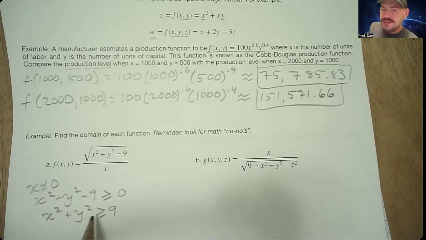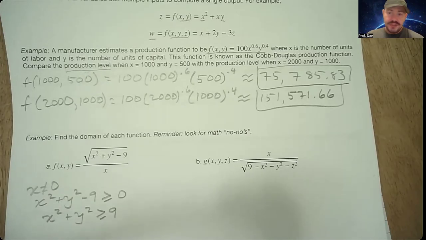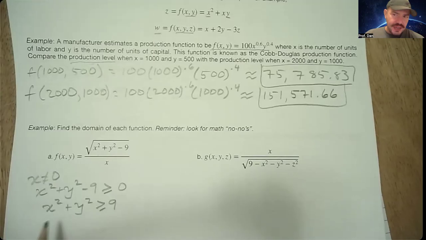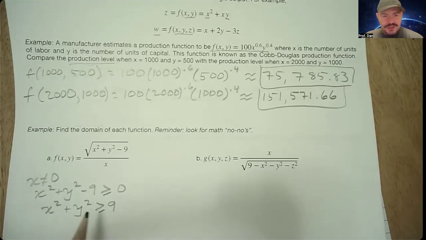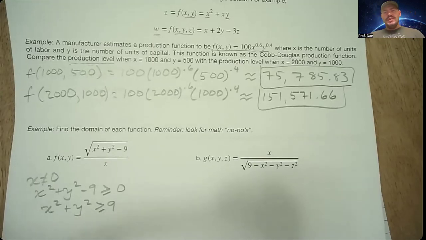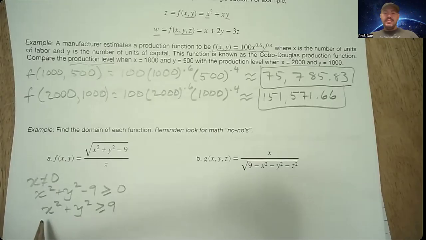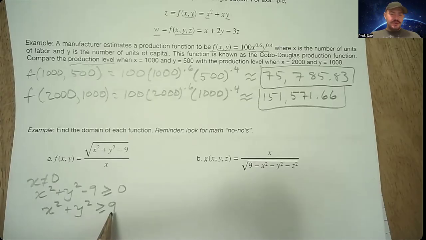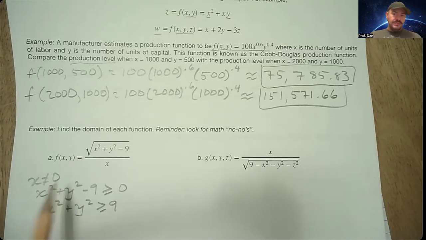Hopefully this looks a little bit familiar to you, right? If I have x squared plus y squared equals 9, that would be a circle with a radius of 3. Here, because x squared plus y squared is greater than or equal to 9, essentially we can only take points x, y that are outside of this circle and that do not have an x coordinate of 0.